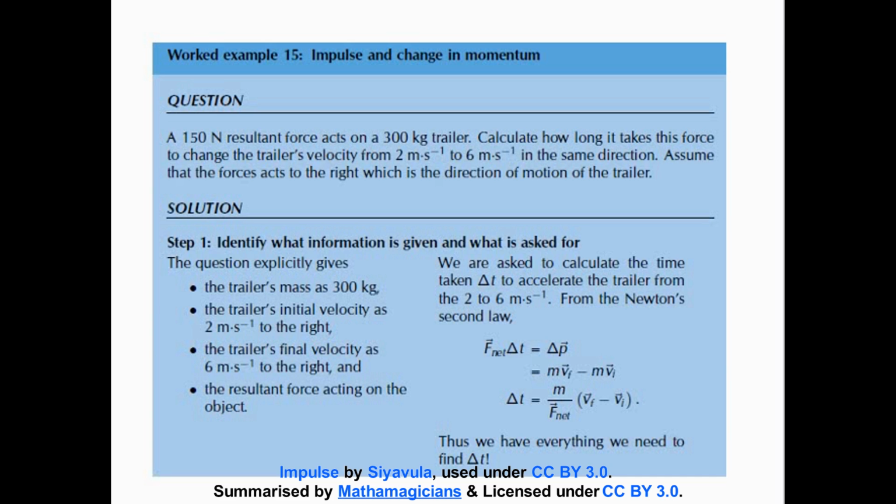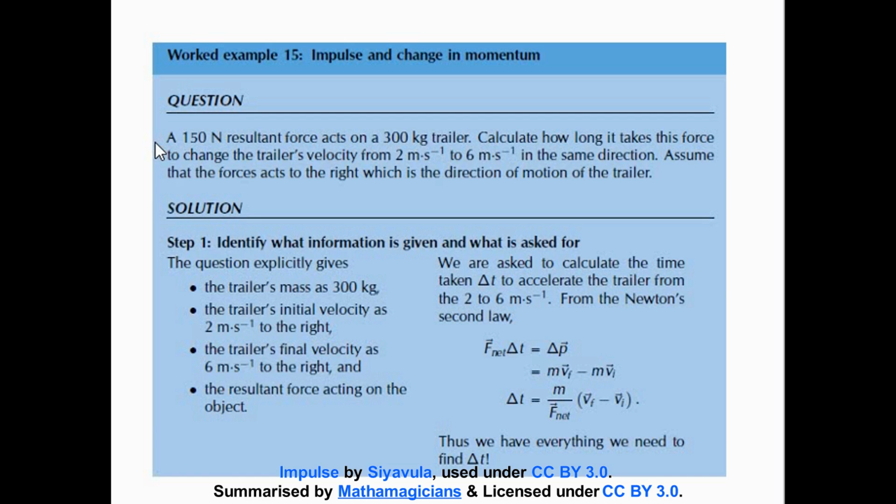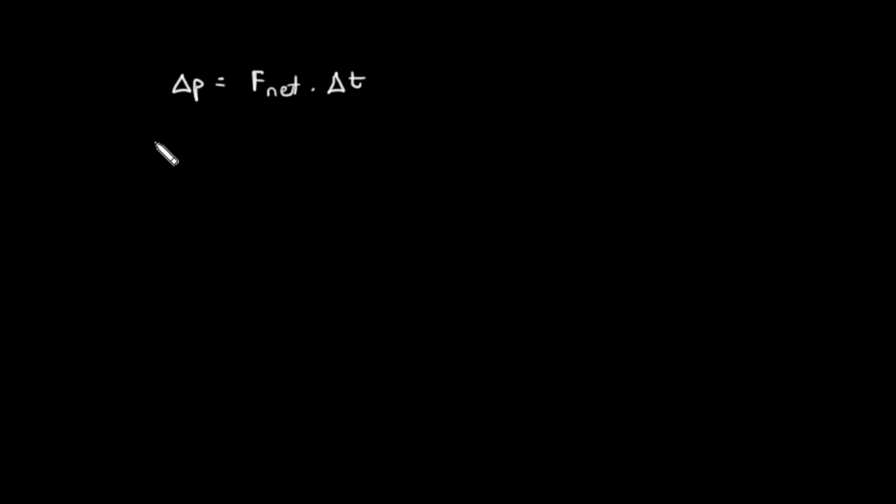Using the impulse formula, we know that change in momentum is equal to F net times delta t. And we know the change in momentum is the mass times final velocity minus mass times initial velocity.